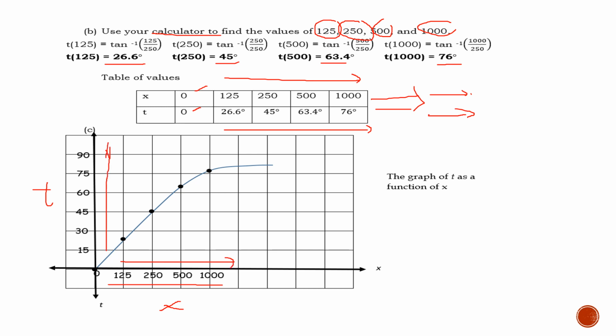So there is no such thing as a decreasing value in your angle t, or angle of elevation, once your x, or your horizontal distance between Dennis and the balloon, increases. So the graph of t as a function of x will be like this.